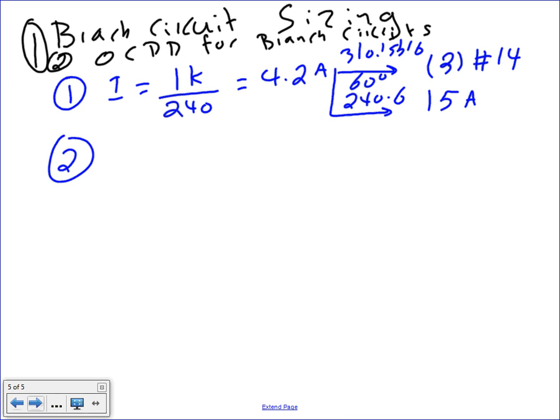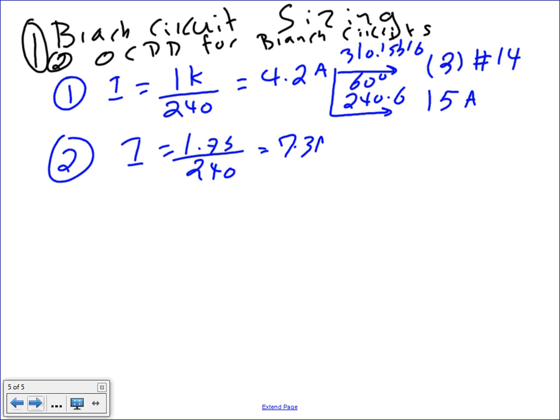I have the second one, guys, is 1 3/4. So I equals 1.75 divided by 240. 1.75 divided by 240 equal, times 1.3 equals 7.3 amps.